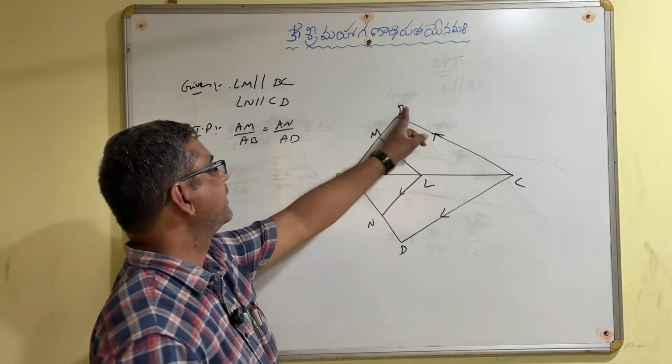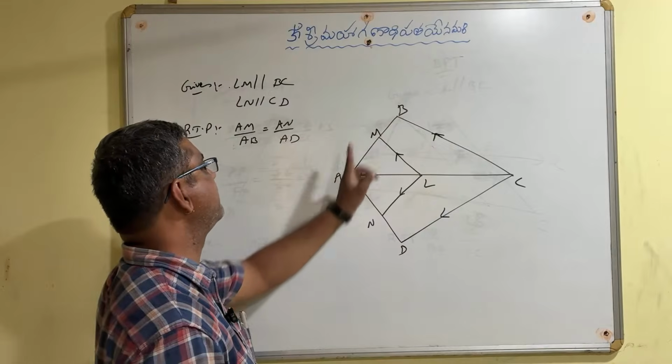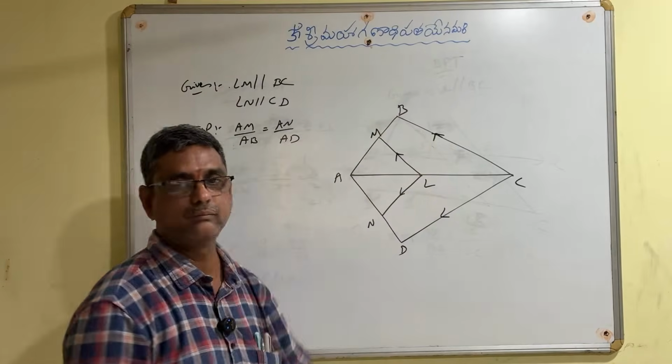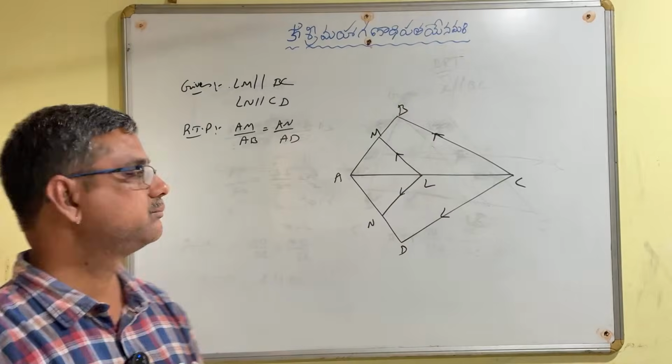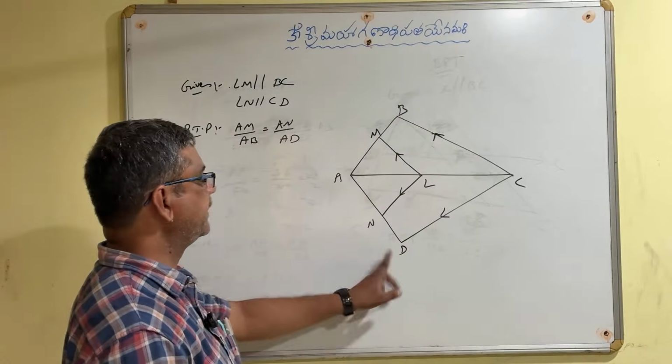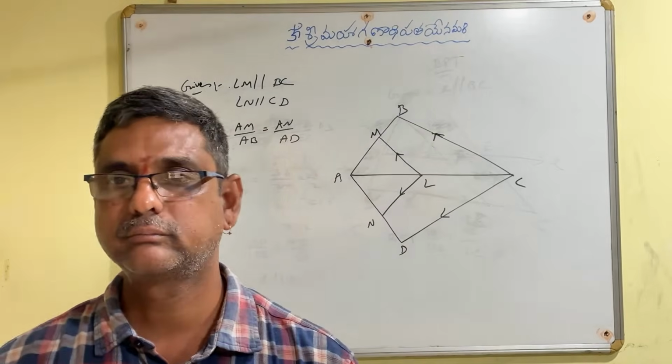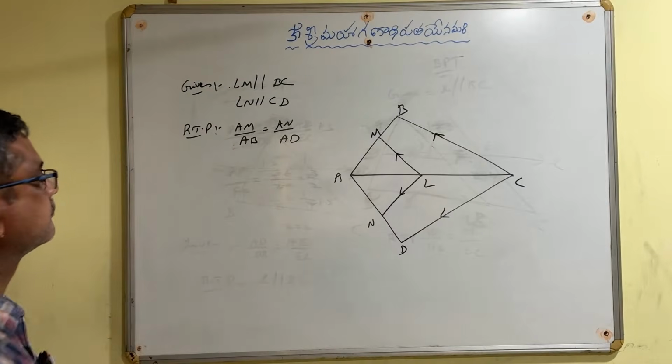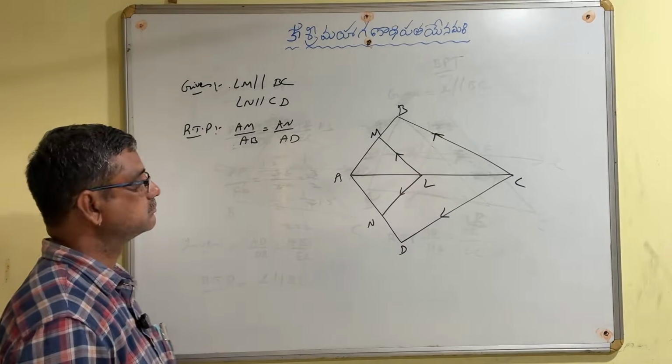AM by AB means part by whole. AN by AD, here also part by whole. Okay? We need to prove that.